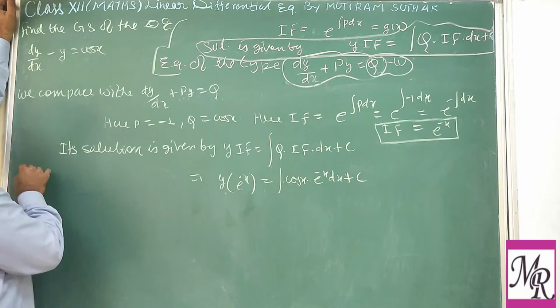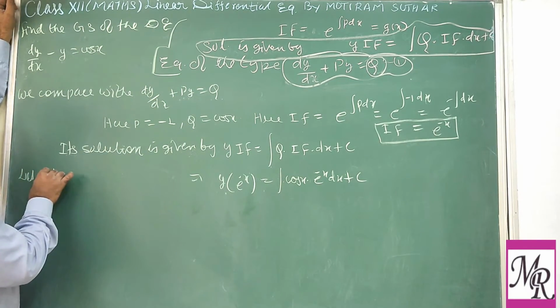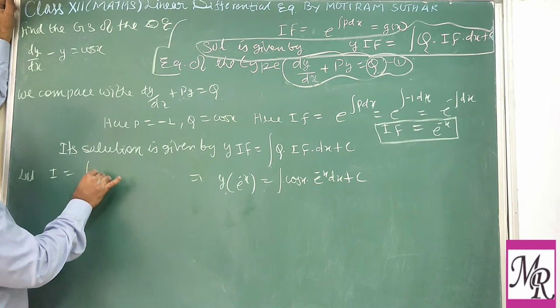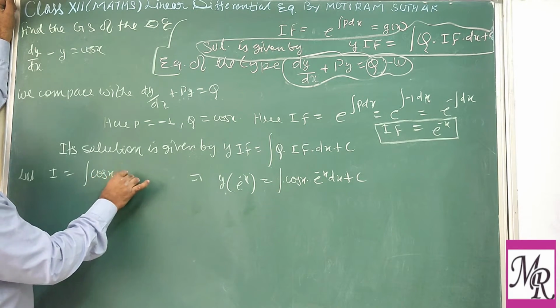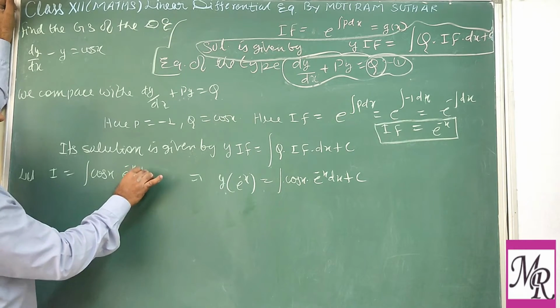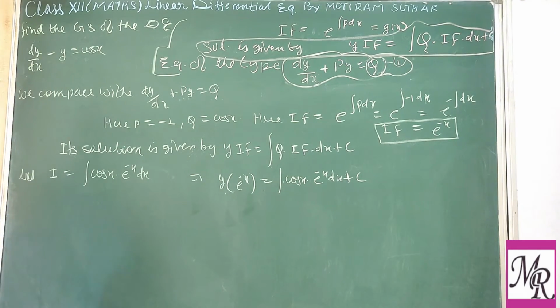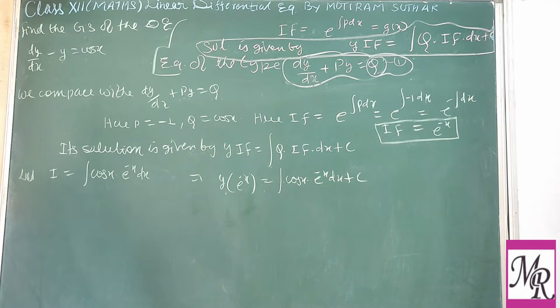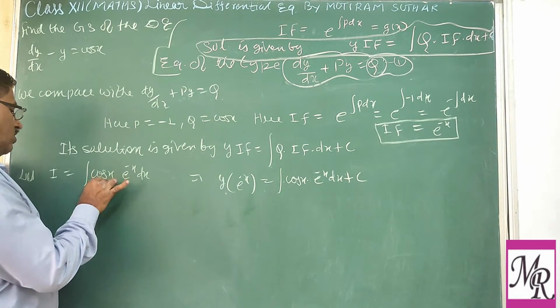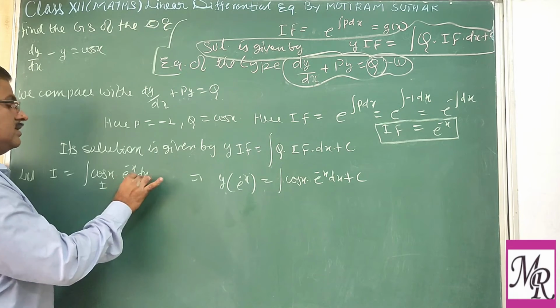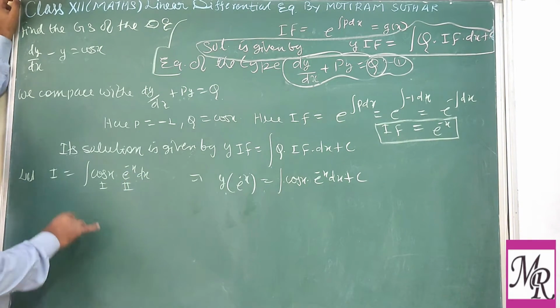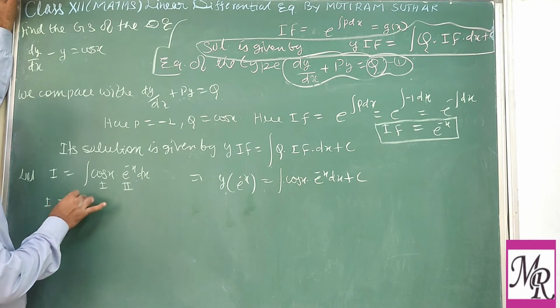So here you can take separately I equal to the integration of cos x e power minus x. This integration you can solve by parts, taking the first function as cos x and the second as e power minus x. This is very important, how to find it.